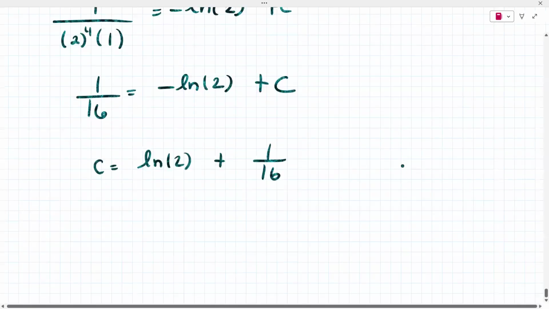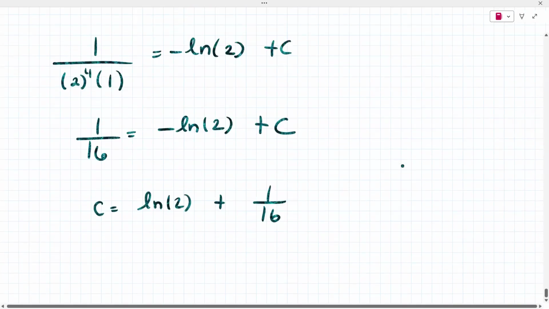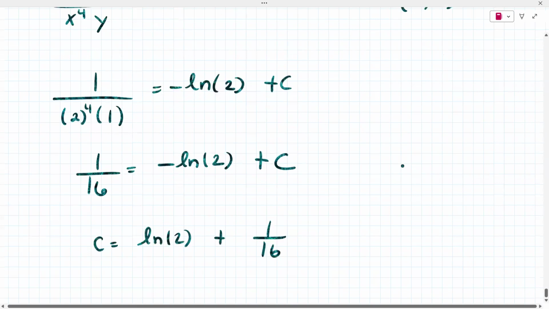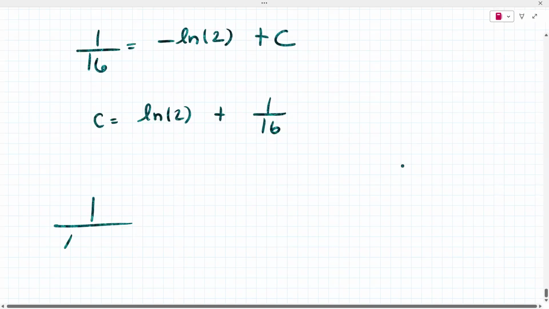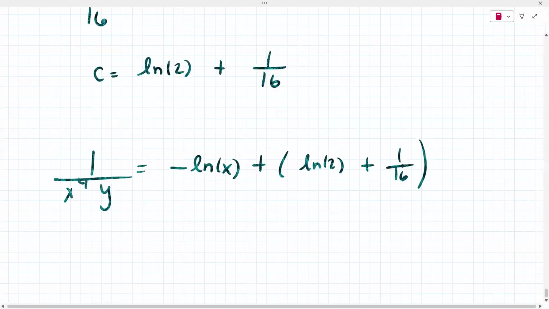So you put that back into the original equation, like if you put it back here, 1 over x to the 4th, y to the negative 1, so that would be 1 over x to the 4th times y equals negative ln of x plus your c, which is, let me put this in parentheses, ln of 2 plus 1 over 16. And then you want to get y by itself, so you would have to cross multiply.